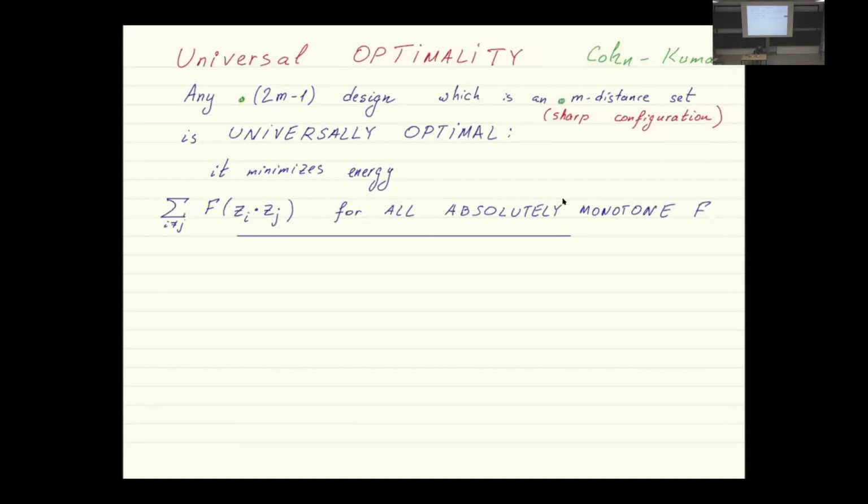This is universally optimal in the following sense: the discrete energy of this type, for n-point sets, these configurations minimize the n-point energy for all functions which are absolutely monotone, and absolutely monotone means that all the derivatives are non-negative.